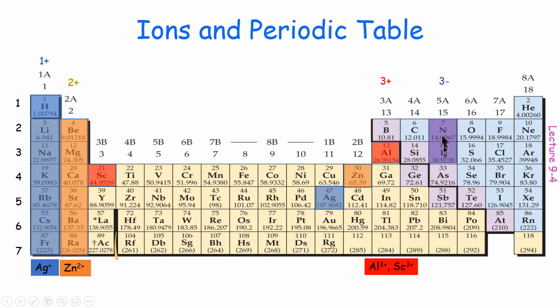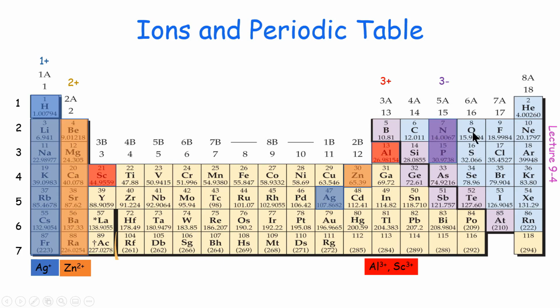And then for group 5A, nitrogen and phosphorus, they tend to form 3 minus ions because they are in group 5A, gaining 3 more, then they will meet the octet rule for their outermost valence shell. So that makes them stable.